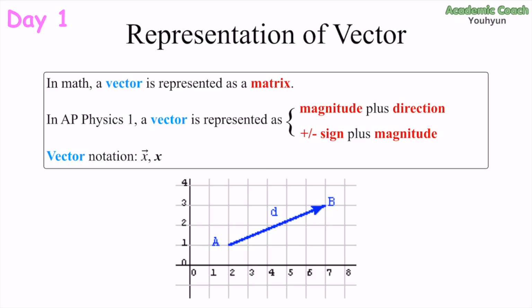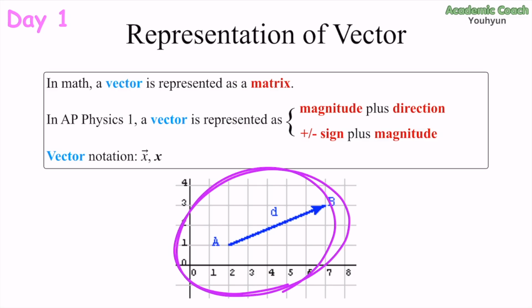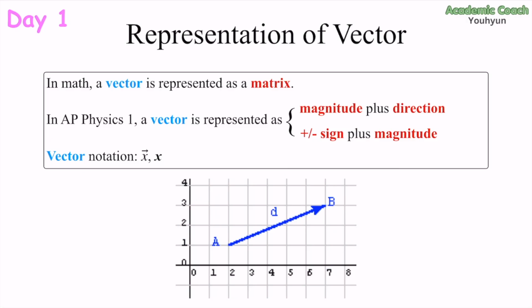Next, let's talk about representation of vectors. In math, a vector can be represented as a matrix, usually using a column vector. So, for example, for this vector called D, it starts from point A and goes all the way to point B. We get this vector by moving from point A to the right by 1, 2, 3, 4, 5 units, and by moving up by 2 units.